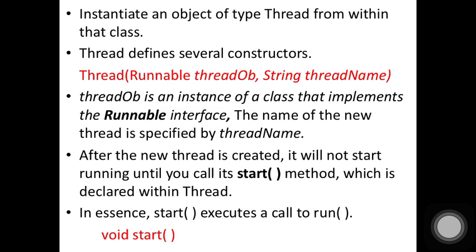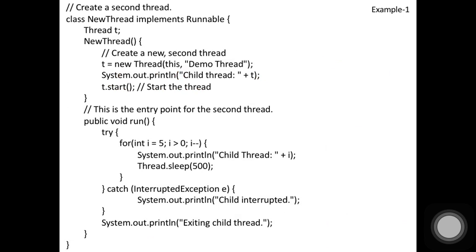The name of the new thread is specified by the thread name. Whenever you invoke the start method, which is declared within Thread with the syntax void start, the start executes a call to the run method. So implicitly the start method will invoke the run method. We'll see a simple example.